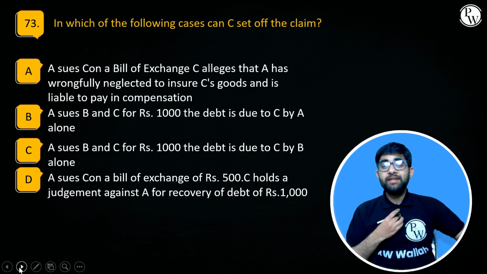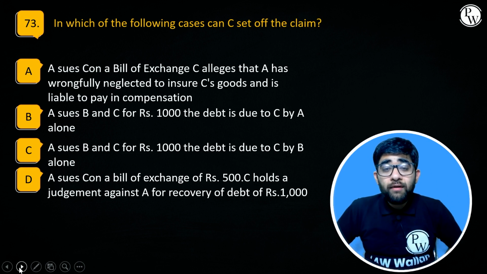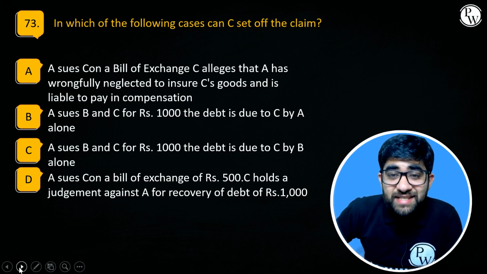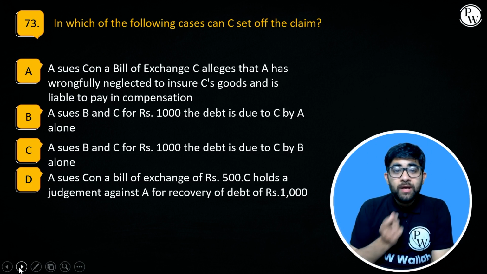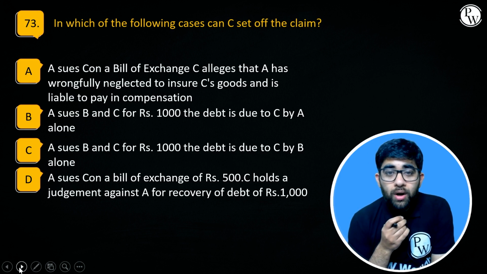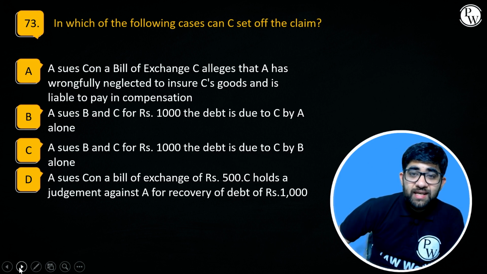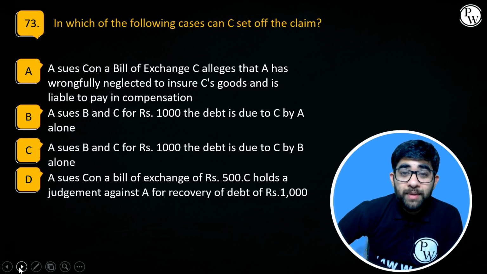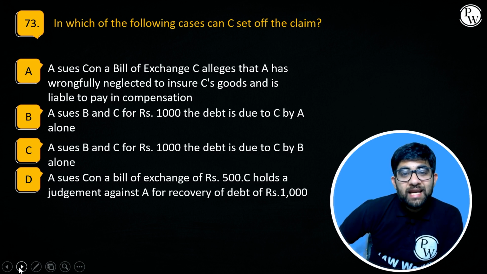Next, 73. In which of the following cases can C set off the claim? A sues C on a bill of exchange. C alleges that A has wrongfully neglected to ensure C's goods and is liable to pay compensation.